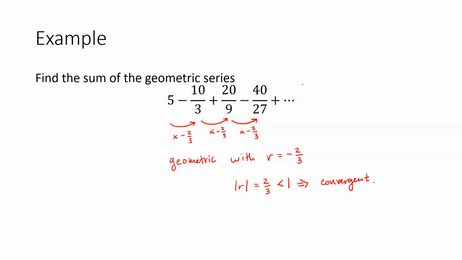Moreover, we know exactly what the sum of the series will be. It's a over 1 minus r, where a is the first term of the series, in this case 5, and r is -2/3, so we have 1 minus -2/3. So it'll be 5 over 1 plus 2/3, which is 5/3, and simplifying that, we get a sum of 3.